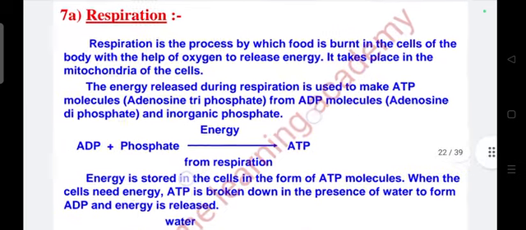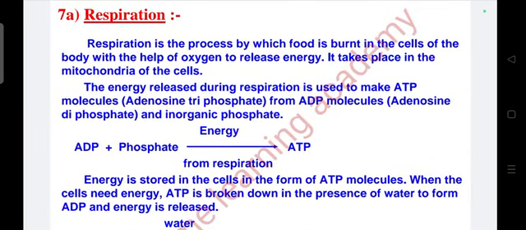Respiration is the process by which food is burnt in the cells of the body with the help of oxygen to release energy. It takes place in the mitochondria of the cells. While we breathe, we take in oxygen, and that oxygen helps the burning of food; only then is energy released. In every cell mitochondria is present, so energy is released there by burning of food with the help of oxygen.